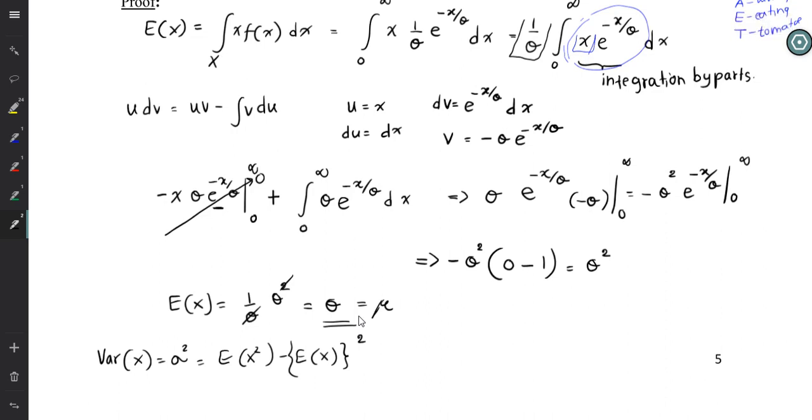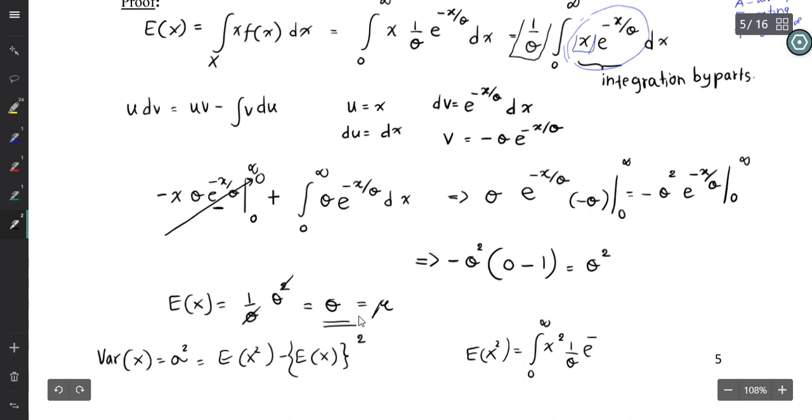E[X squared] is the expected value of x squared, which is the integral from 0 to infinity of x squared times 1 over theta e to the negative x over theta dx. Which means you have to use integration by parts twice.